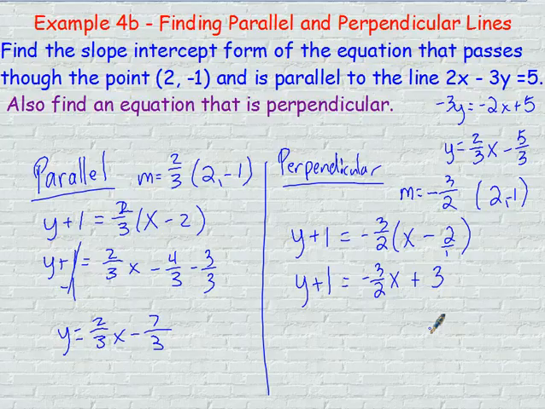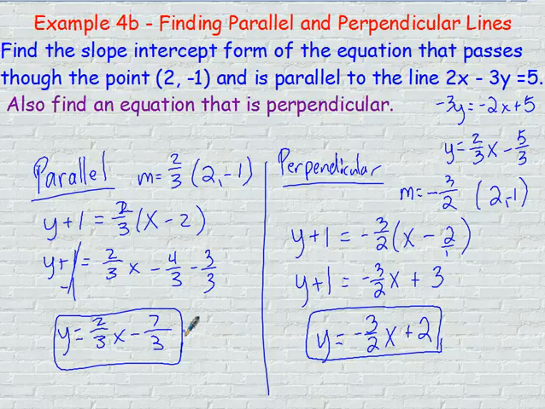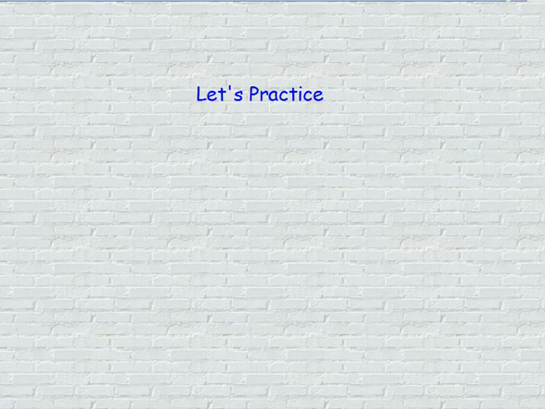And then finally, subtract 1, so y equals negative 3 over 2x plus 2. Okay, so anything new with linear equations? Did you guys know how to do all of this? Yeah? Fantastic. All right, so then let's practice.